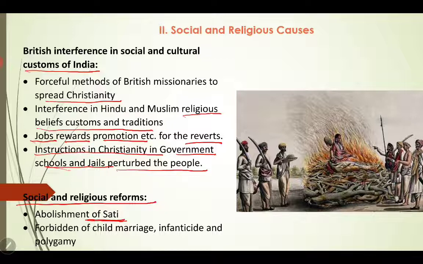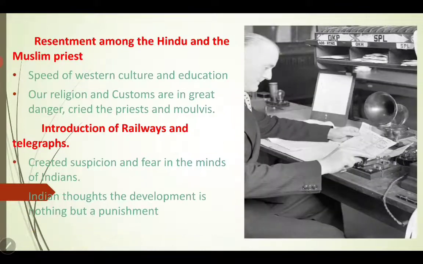And child marriage, which was very common in India in the early 18th and 19th century, was forbidden. So child marriage was abandoned, and infanticide and polygamy were also abolished. Infanticide means killing of baby infants, especially baby girls. And polygamy means marrying more than one wife.